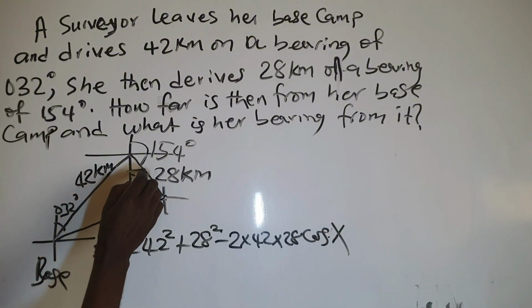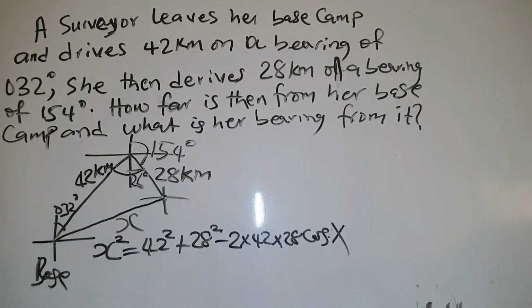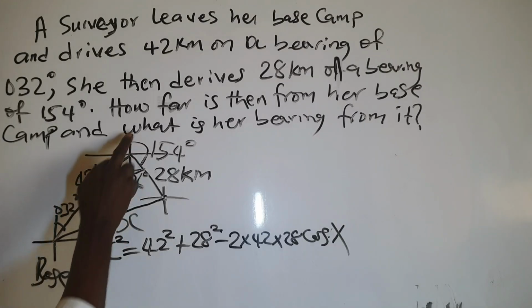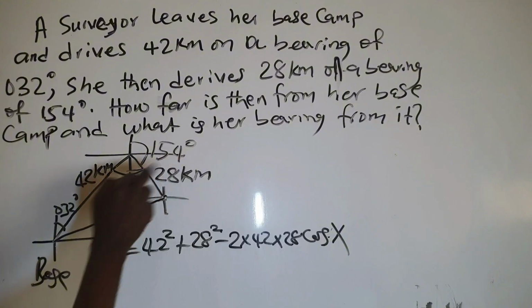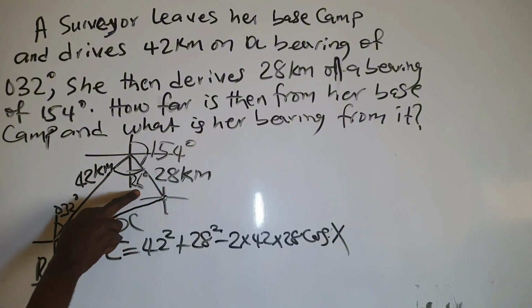That is all the angle that will be here, all of them. So we have known that this one is 26, making it 180 degrees. We have 154. The remaining one is 26.